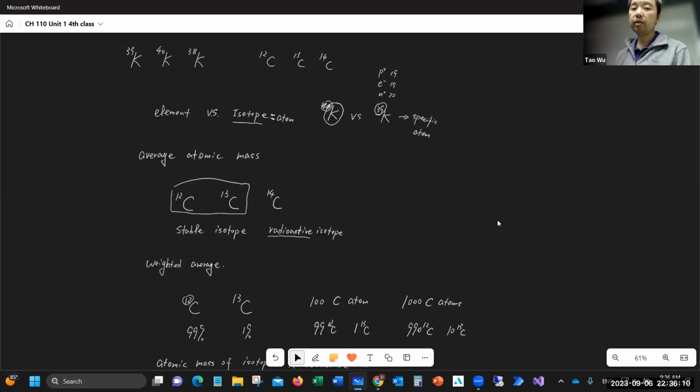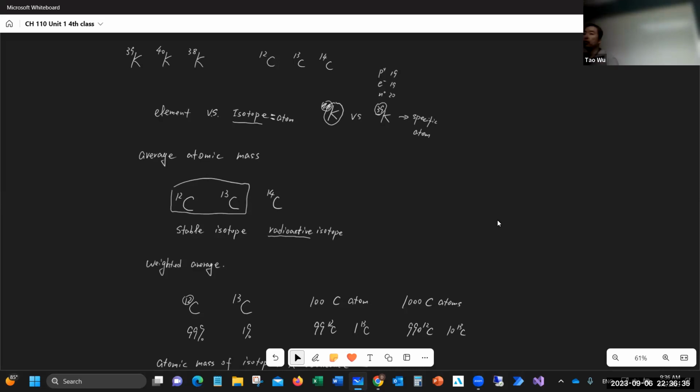And we talked about the difference between an isotope and the general elements, right? If we just talk about elements, that's just a simple symbol on the periodic table. But if you're talking about an isotope, you have to specify the mass number, because in the isotope you already know the protons, neutrons, and electrons.